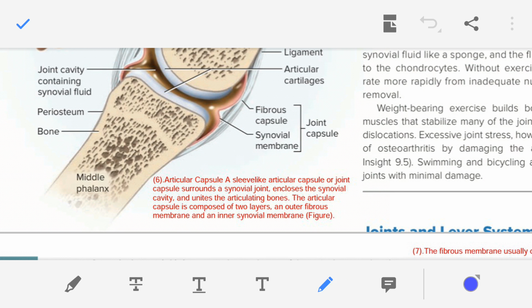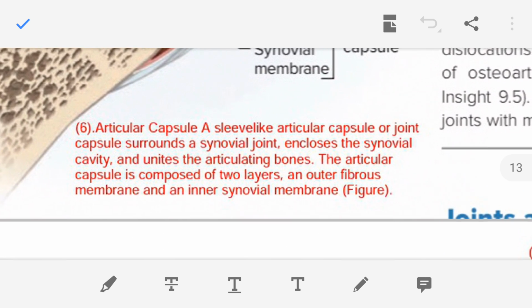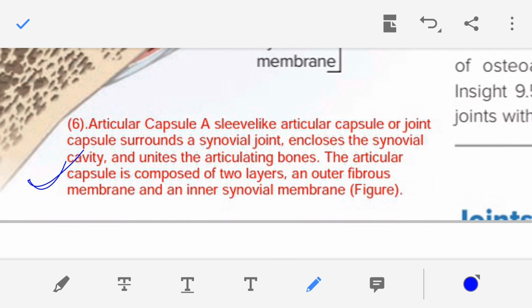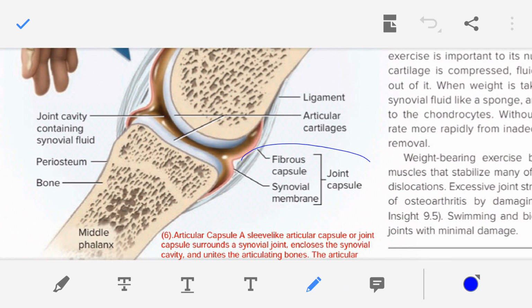As we can see in the figure, the fibrous membrane or fibrous capsule is the layer which is present outside, and the synovial membrane is present inside. Fibrous membrane present outside, synovial membrane present inside in the joint capsule. So this is the theory point and this is the figure.